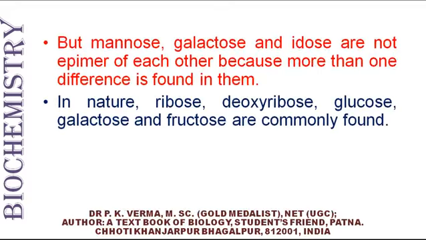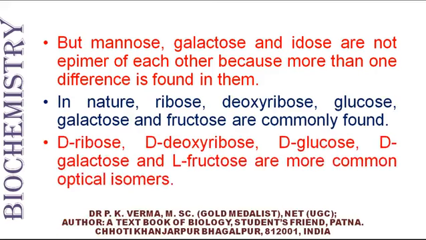In nature, ribose, deoxyribose, glucose, galactose and fructose are commonly found. D-ribose, D-deoxyribose, D-glucose, D-galactose and L-fructose are the more common optical isomers.